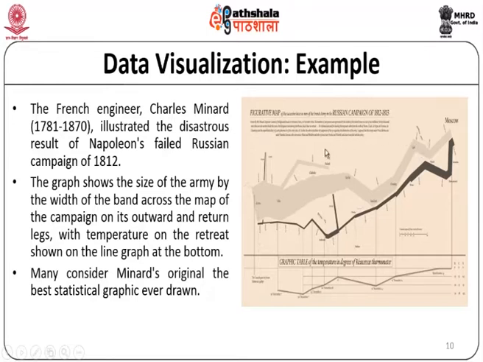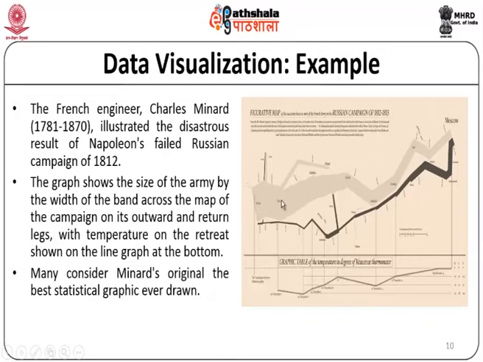So, this graph provides greater insight about the size of the army in terms of the width of this band drawn across the graph, and it tells what the strength of Napoleon's army was when he entered a particular region in Russia, and what the strength was when Napoleon was returning back from Russia.